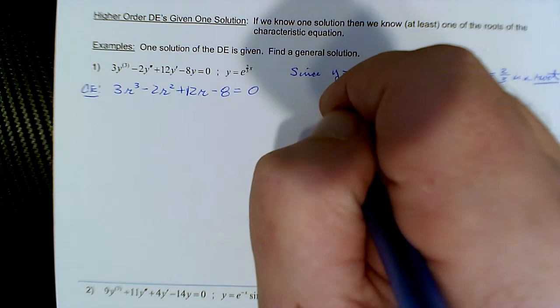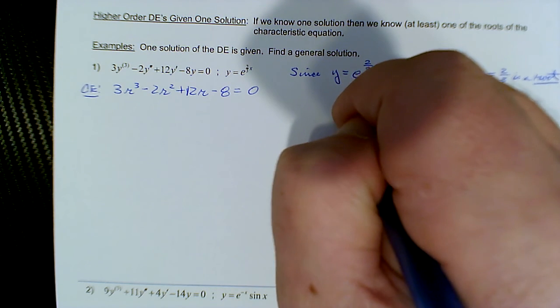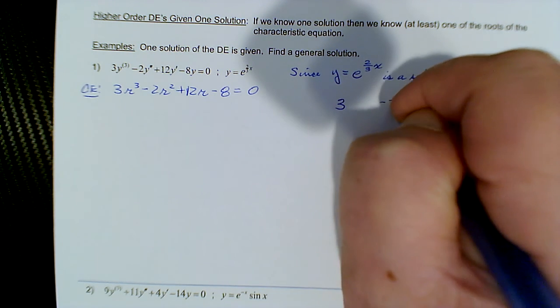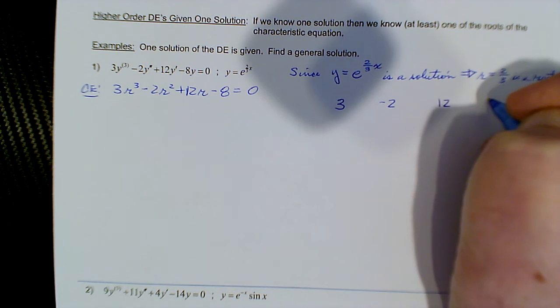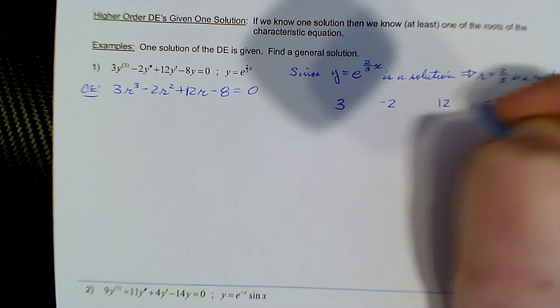So I'm going to do it right here. We'll set up, peel off the coefficients, 3, negative 2, 12, and negative 8.